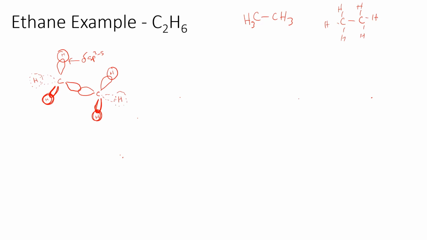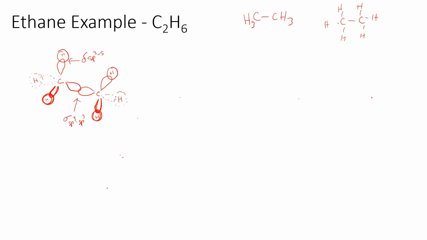So all of the overlaps that we see in this structure between the carbon and the hydrogens would be considered sigma sp3-s overlaps. The overlap that we see between the 2 carbon atoms is also going to be a sigma. It's directly in between the 2 nuclei, but this would be a sigma sp3-sp3 overlap. So we're really defining the 2 types of orbitals that are overlapping.